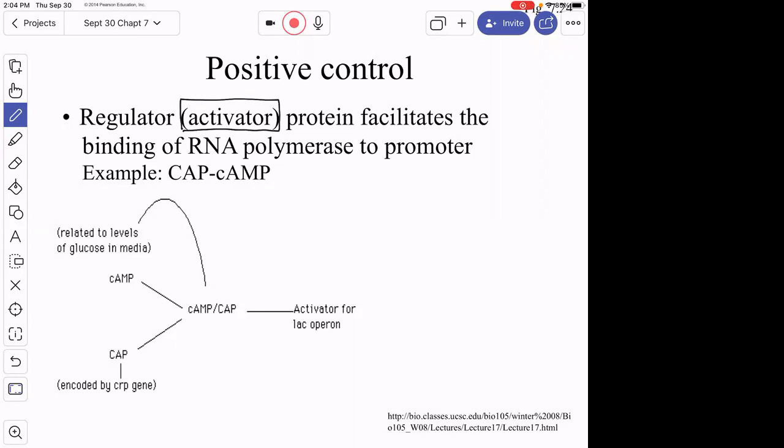In this case, we're looking at the levels of cyclic AMP in the media. But let me first write: glucose must be absent for the cell to utilize lactose.